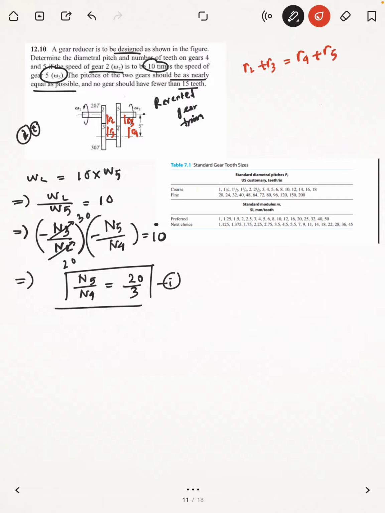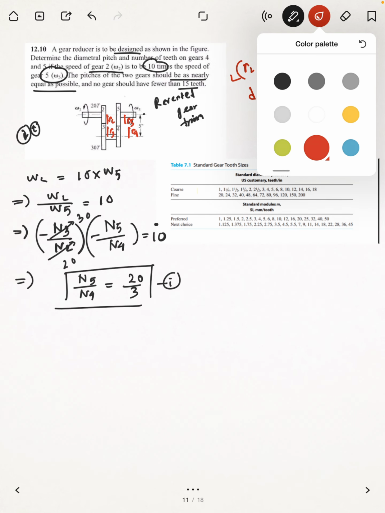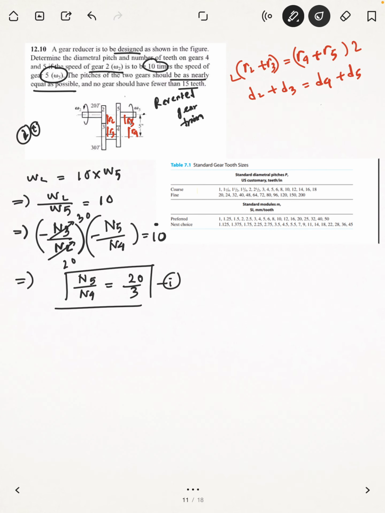If I want to write this equation in terms of the diameter, I multiply the equation by 2, and we get D2 plus D3 is equal to D4 plus D5. As I said during the last lecture, if one gear is going to mesh with another gear, 2 and 3, the diametral pitch should be equal.